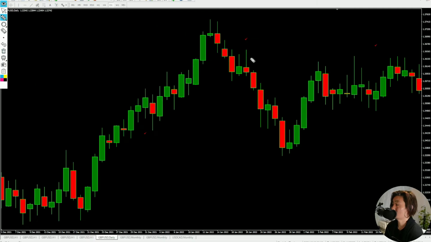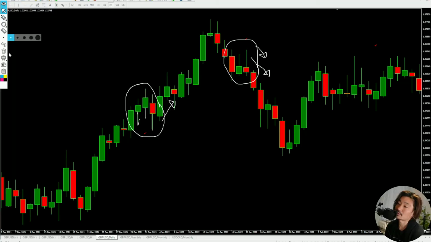At this point, we have two daily rejection candles to the downside, showing future short strength. And right here, we had three consecutive rejection candles that show future long strength. Okay, so let's go back to the slide.